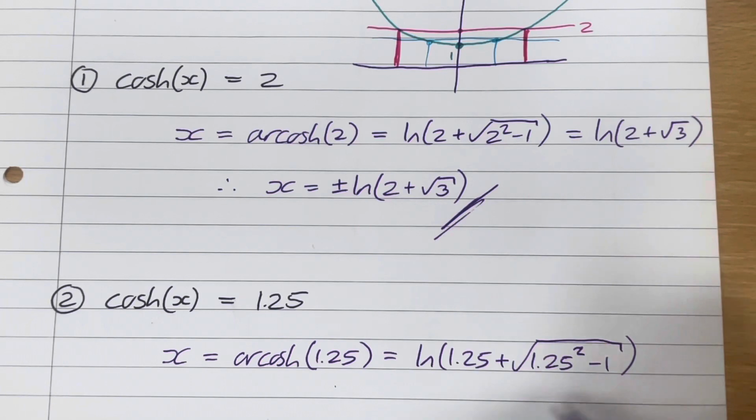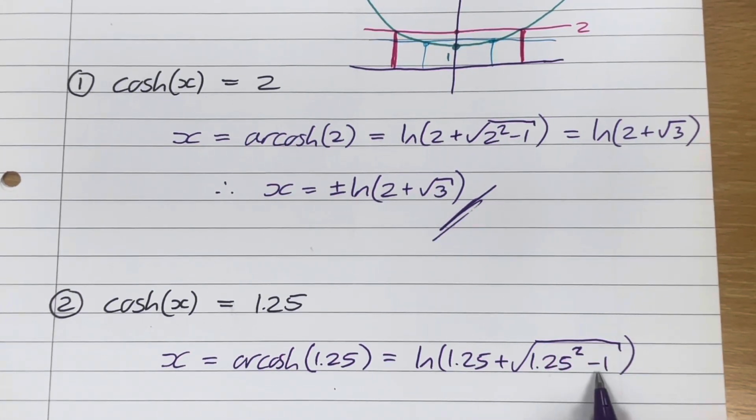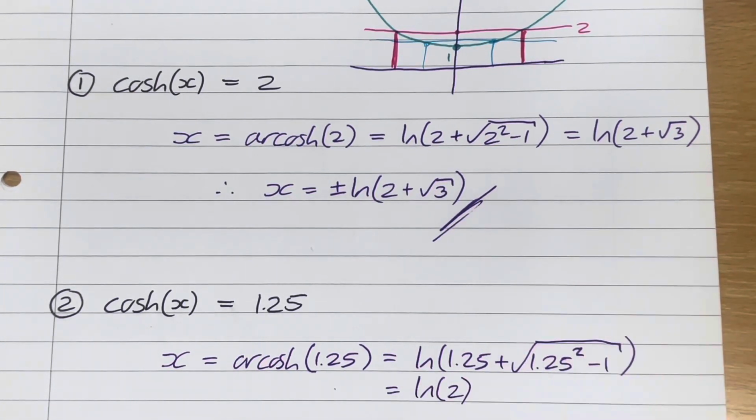And I chose this number for a reason. 1.25 squared is 5 quarters squared, which is 25 sixteenths. Minus 16 sixteenths, that leaves 9 sixteenths. So when you square root it, you get 3 quarters. So we've got 5 quarters plus 3 quarters, which is 8 quarters. So we get log 2.